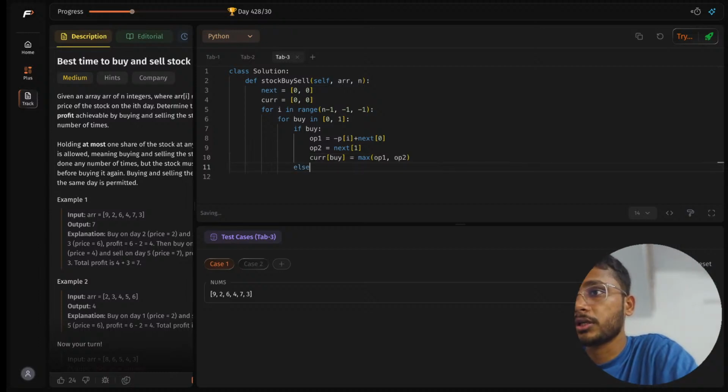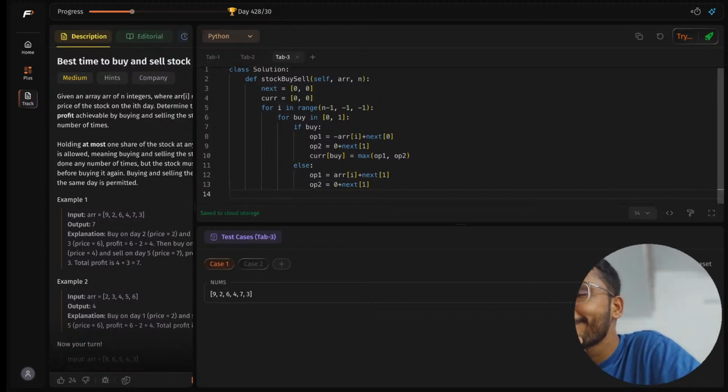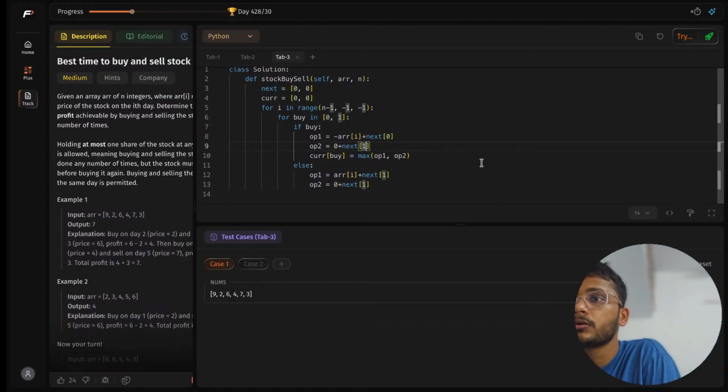Here you will say else, that means OP1 is where you are selling, selling means for getting profit P, array of I plus next of 1, else of OP2, array of next of sell.